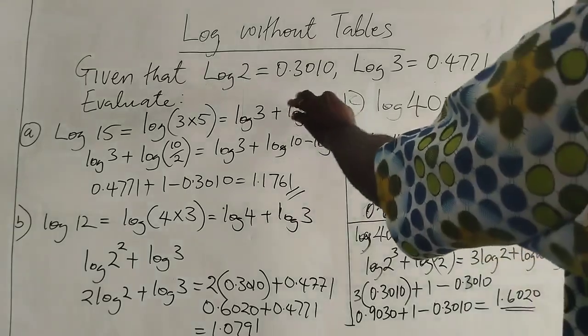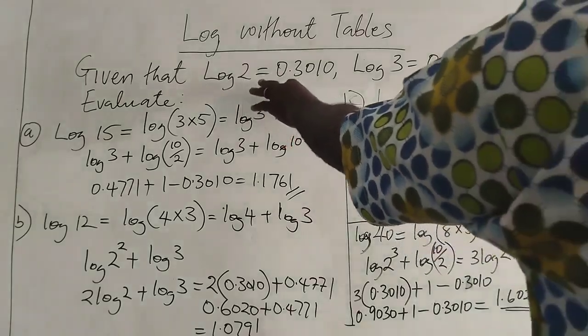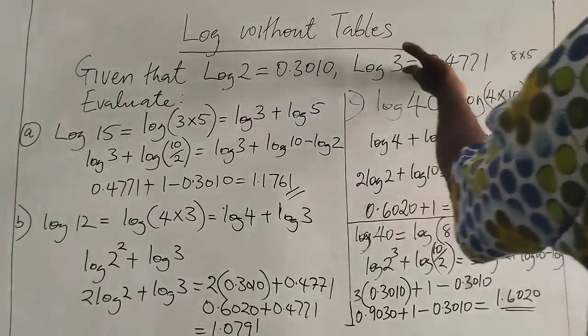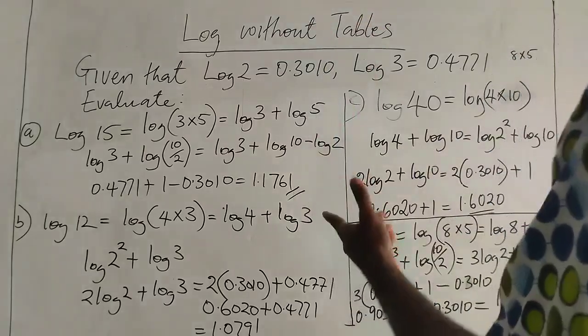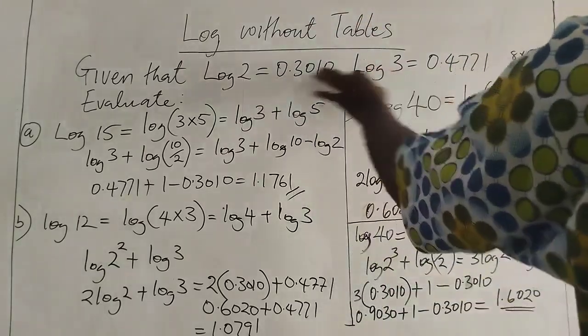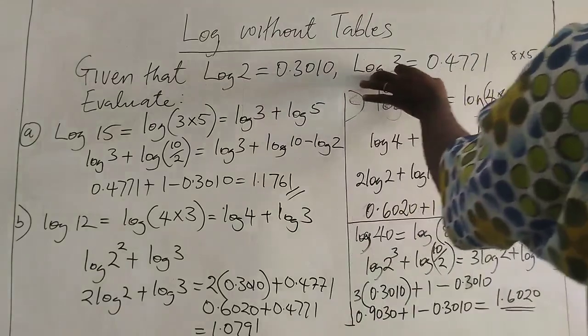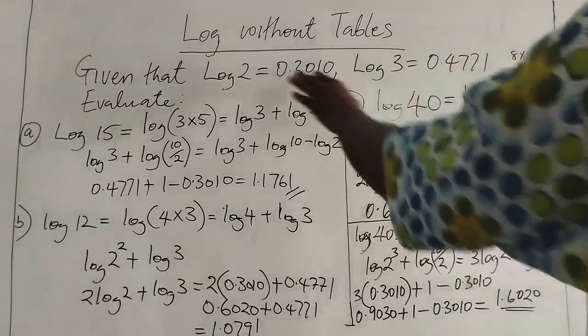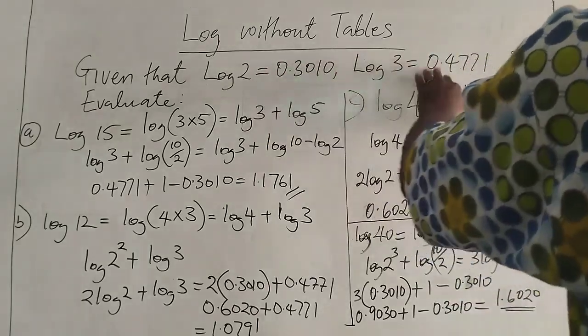In summary, I will say that anytime you are given this type of log and you are given some values, make sure you are guided by those logs given to you. Don't bring in a factor that does not tally with what you have on the board.